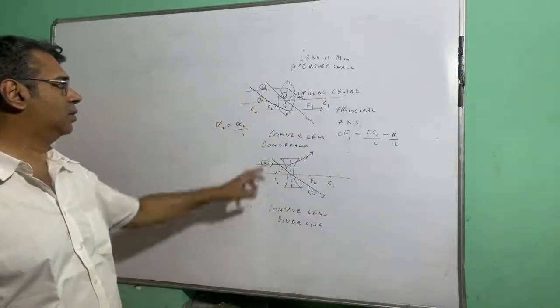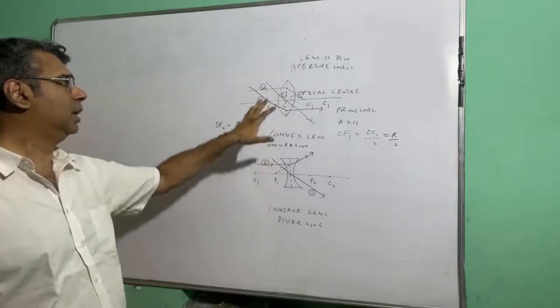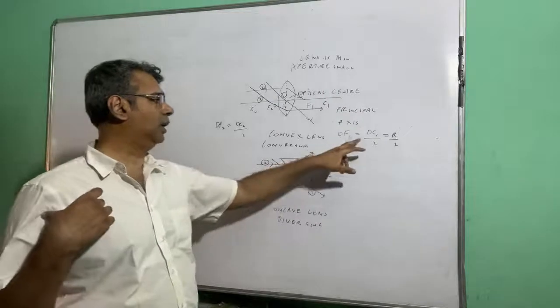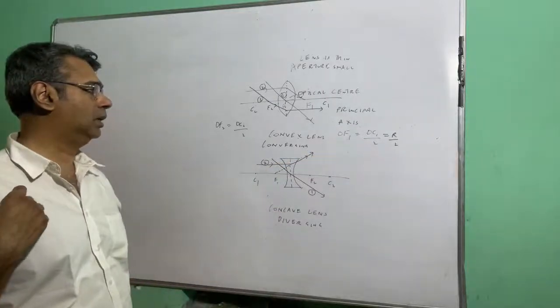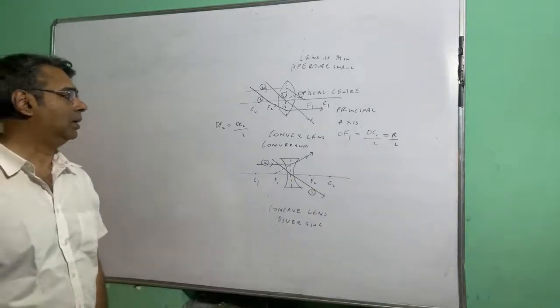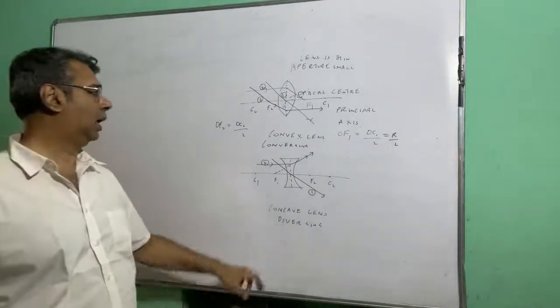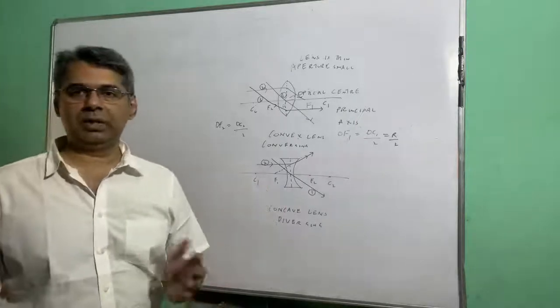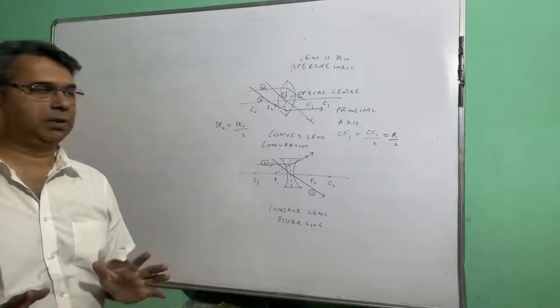A ray passing through F2 after refraction will become parallel to the principal axis. So these are the 1, 2, 3 rays for a convex lens, and OF1 is half of OC1, which is equal to radius of curvature by 2, and OF2 is also half of OC2. And by the way, in your syllabus, OC1 and OC2 are the same in every situation.